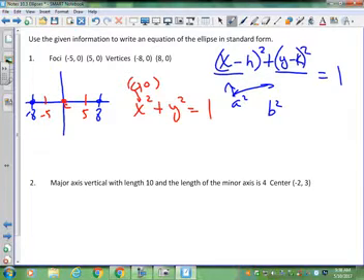So let's talk about what those vertices and that focus give us otherwise. Well, first of all, the distance from 8 to the center is a, which is 8. And the distance from the focus to the center is c.